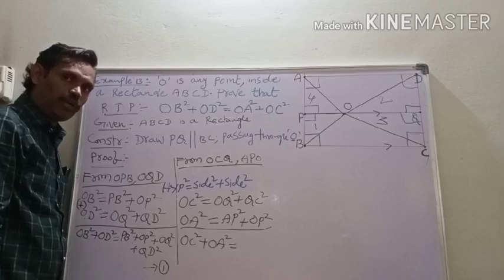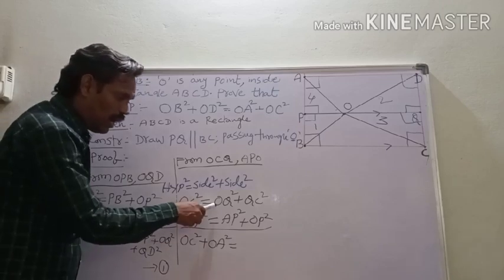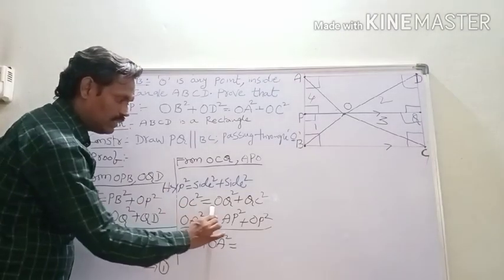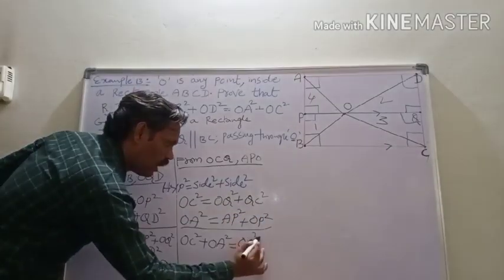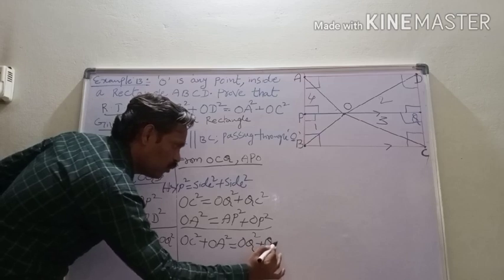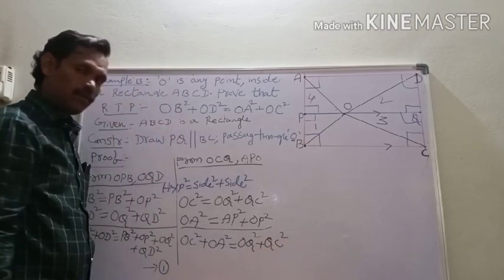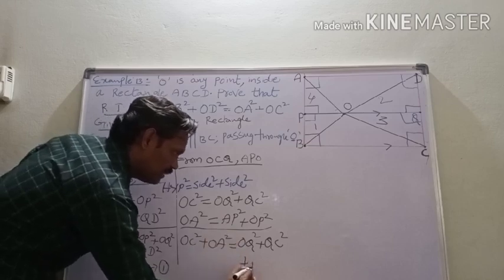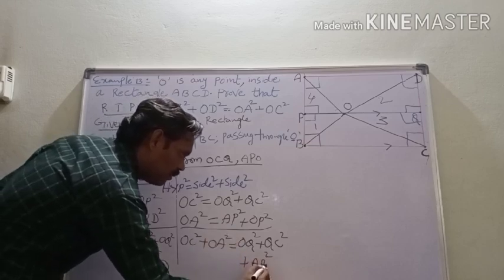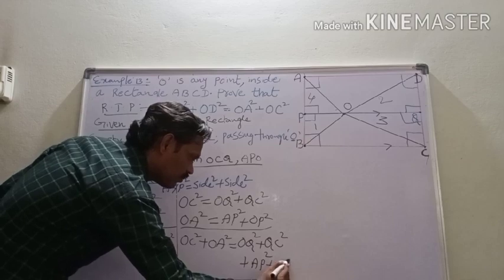Now I am going to add both RHS. The first RHS is OQ square plus QC square, plus the second RHS, AP square plus OP square.